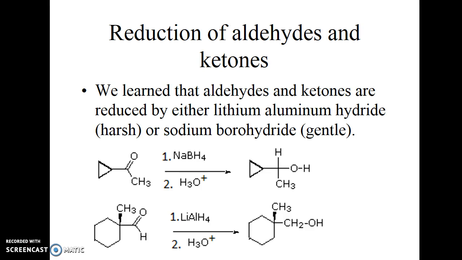So if you have an aldehyde or a ketone and you're reducing it down to an alcohol, and there are other functional groups like esters or carboxylic acids or nitriles or nitro groups on there that you don't want reduced, you have to be careful. Lithium aluminum hydride will reduce them, and then you would want to choose sodium borohydride.